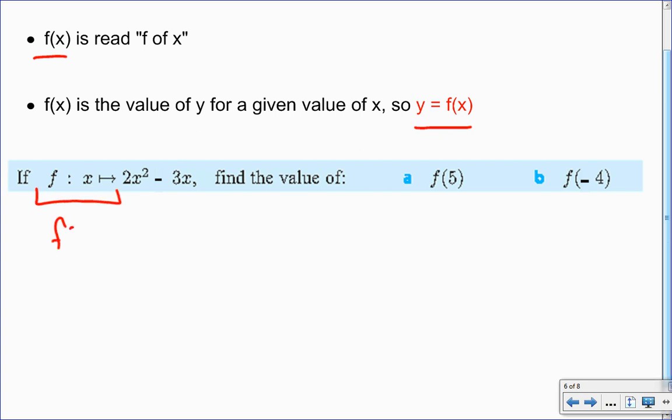But you could also say f of x is equal to 2x squared minus 3x, and we want to find the values of f of 5 and f of negative 4. So to find f of 5, we're just simply substituting 5 in for x. So for every x, we'll substitute a 5.